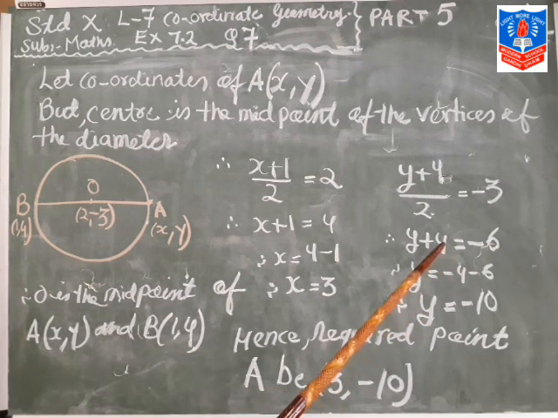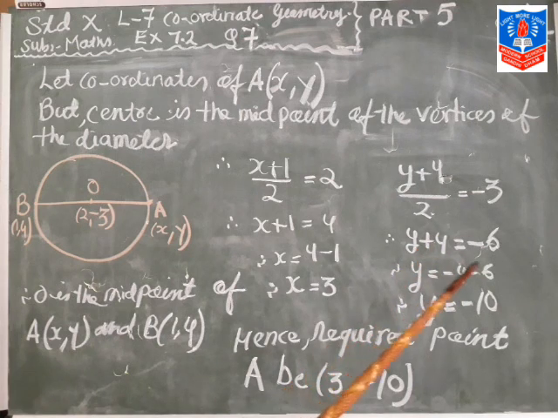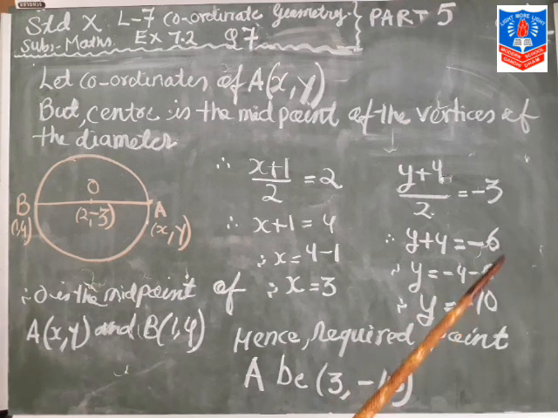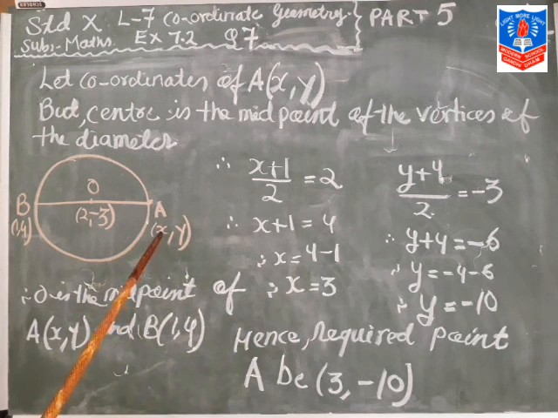Y equals minus 6, and we are shifting from left to right, we will change the sign. So minus 4. Minus 6 and minus 4, minus 10. Clear? So hence the required point A is (3, -10). This one is compulsory. You have to write the statement. Clear, children?